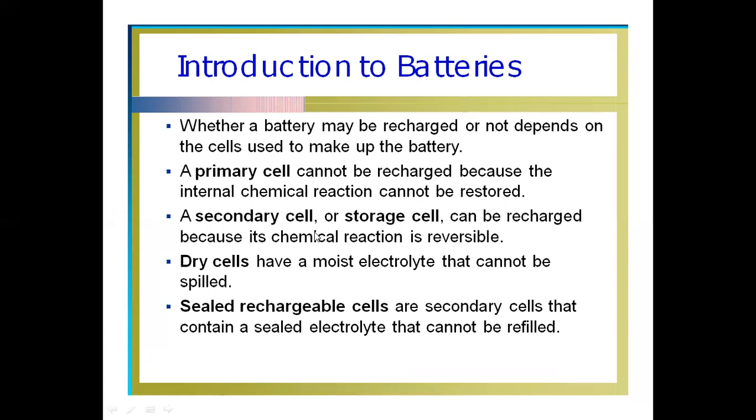A secondary cell is also called a storage cell and can be recharged because its chemical reaction is reversible. As the chemical reaction is reversible, the secondary cell can be recharged again and again. Dry cells have a moist electrolyte that cannot be spilled. Sealed rechargeable cells are secondary cells that contain a sealed electrolyte that cannot be refilled.